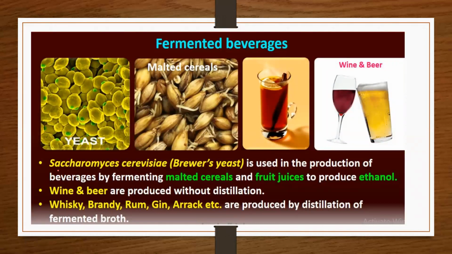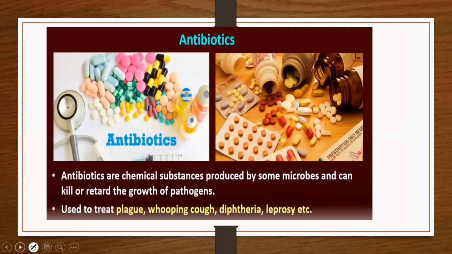We have just done that Saccharomyces cerevisiae, which is known as brewer's yeast, which is used to make bread, is also used to ferment malted cereals and fruit juice to produce ethanol. Now, this ethanol can be of two types: without distillation and with distillation. The without distillation ethanol is wine and beer, and with distillation it is whiskey, brandy, rum, gin, etc.